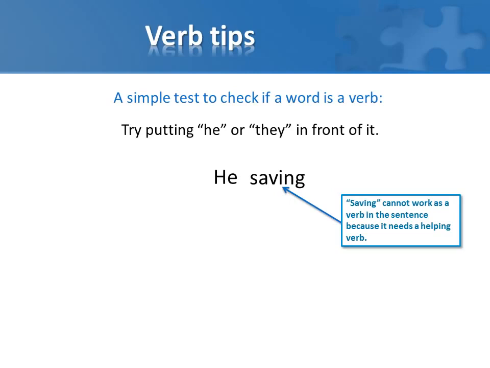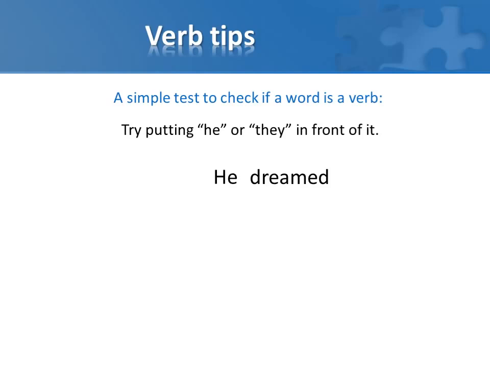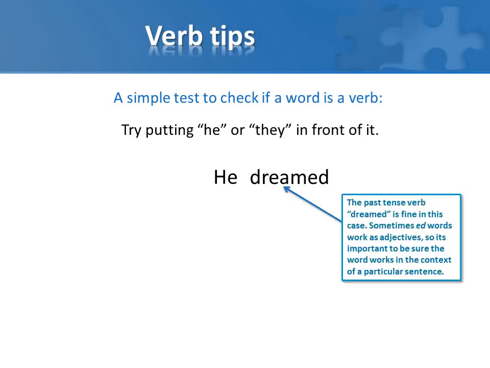So now let's look at dreamed. He dreamed. This works. It's expressing a thought or an idea, and it makes sense. One of the things you have to be careful with ed words is that sometimes they're working as adjectives in the sentence.